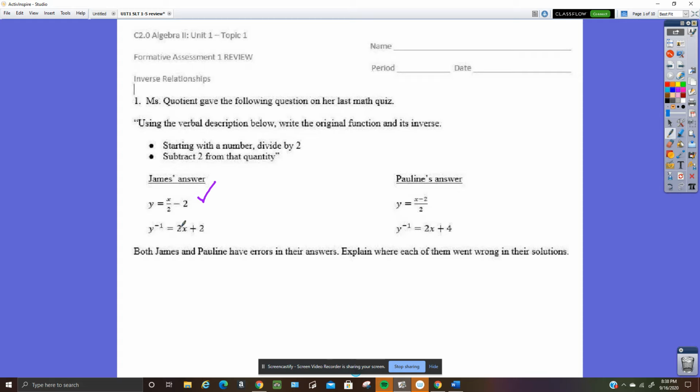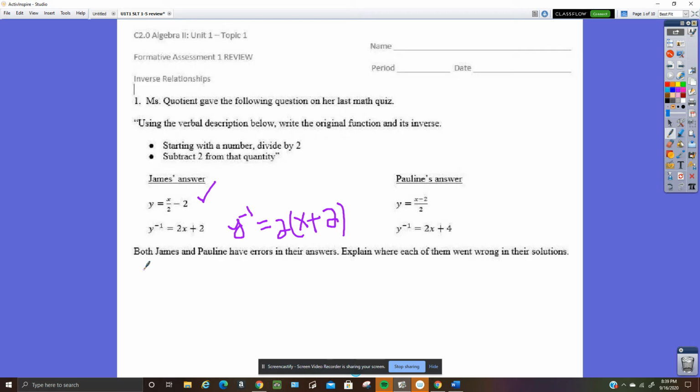Okay, and then the inverse, y inverse should be write down the x, and then the first thing I'm going to do is add 2, and since I divided by 2 here, then I'm going to multiply this whole thing by 2. So what James did here is he didn't use the distributive property correctly.